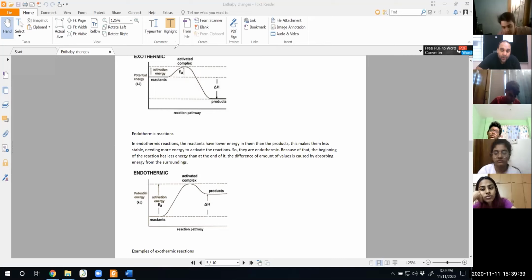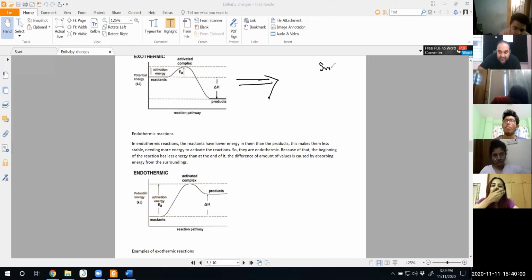So when energy is released from the system, and what does the system consist of? The reactants and products. When the energy flow is outwards from the system to the surrounding, we call it an exothermic reaction.